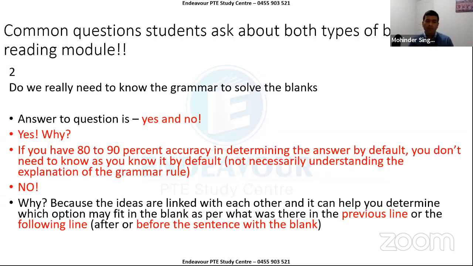However, if I look at the people who have studied until year 10 in their own native language, then comprehension becomes really difficult. If comprehension is difficult, then you really need to put effort into a little bit of grammar, because the knowledge of grammar can help you to determine what is missing in the blank, and it can help you to narrow down the choices of which option you're going to fit.